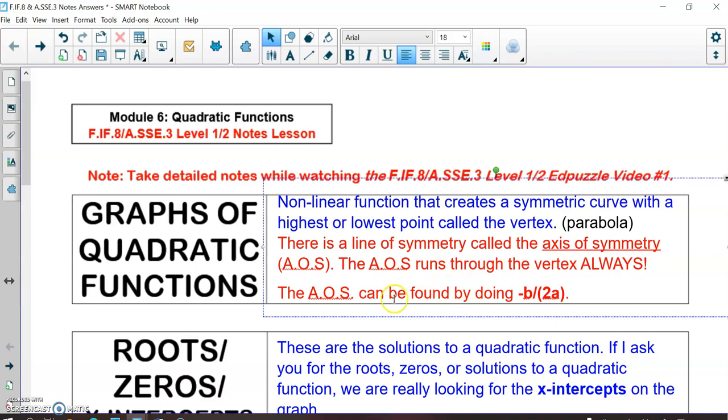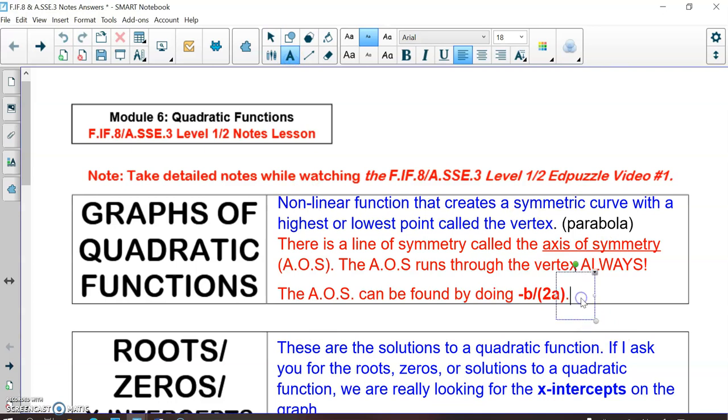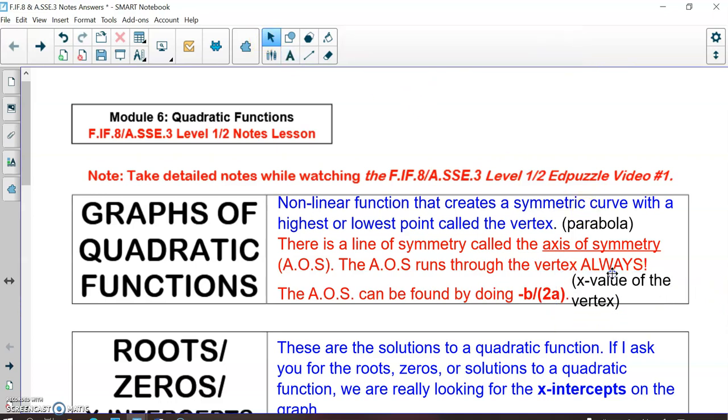To find the axis of symmetry, we would take the opposite of our b value in our equation divided by 2a. This is actually the x value of the vertex. So the x value of the vertex is the same that you would get for the axis of symmetry.